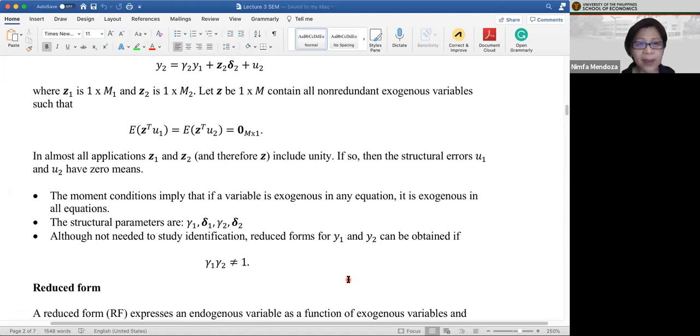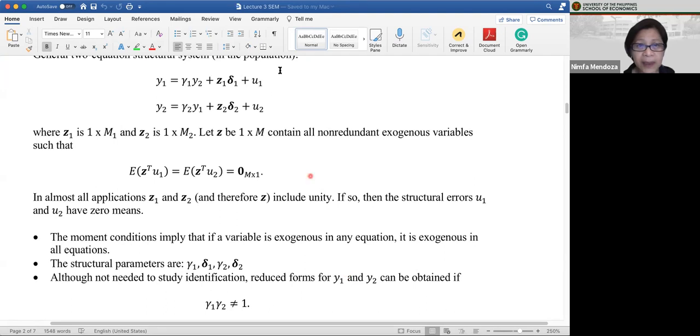So what are the structural parameters that we would like to estimate in this system of two equations? That would be gamma sub 1, gamma sub 2, delta sub 1, and delta sub 2.